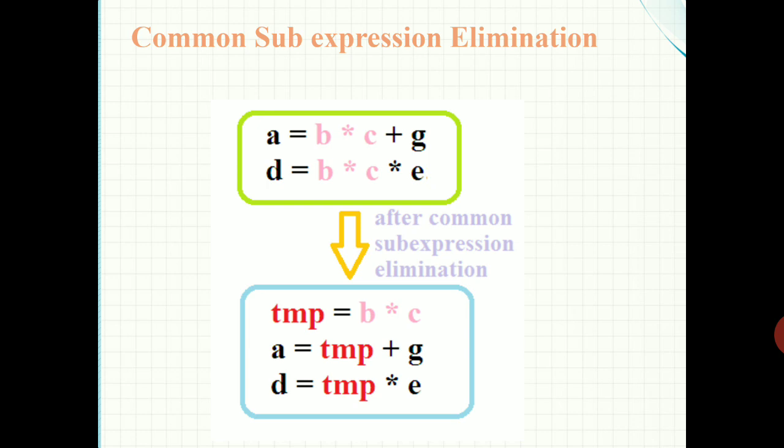We first identify the common sub-expression, then evaluate it only once, and that value is used in the upcoming statements. So b star c is evaluated once and stored in the location temp, then temp is used in a equal to temp plus g, then d equal to temp star e. That is the idea of common sub-expression elimination.